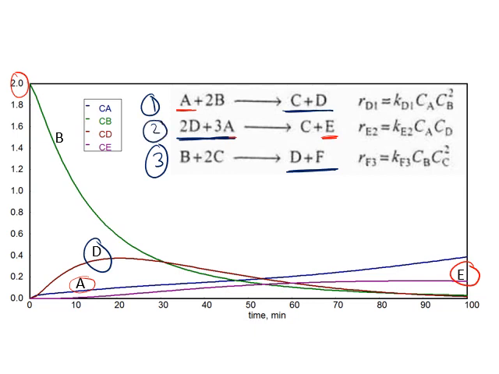Why is that? Well, initially we have a high concentration of B. Therefore, we have a high rate of production of D. At the same time, we have a low concentration of D and a low concentration of A. Therefore, a low rate of consumption of D through reaction 2.